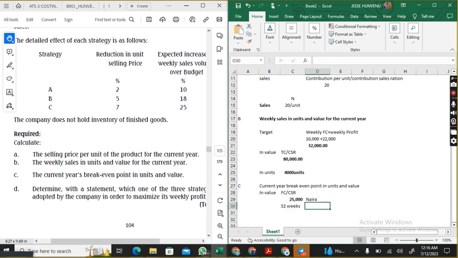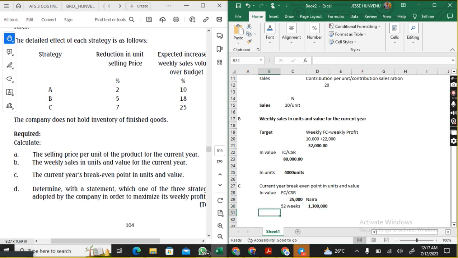Yes, 52 weeks make one year. So 25,000 multiplied by 52 is 1.3 million in value.